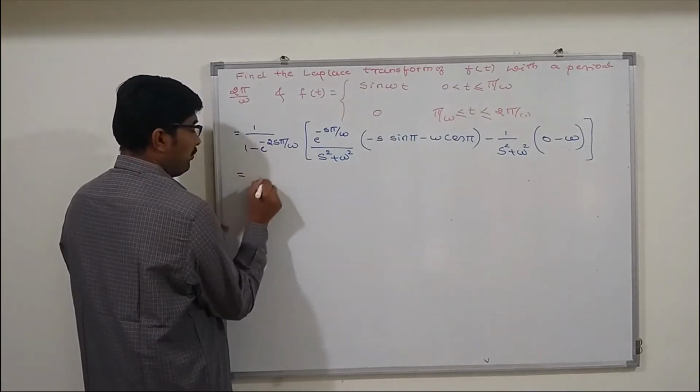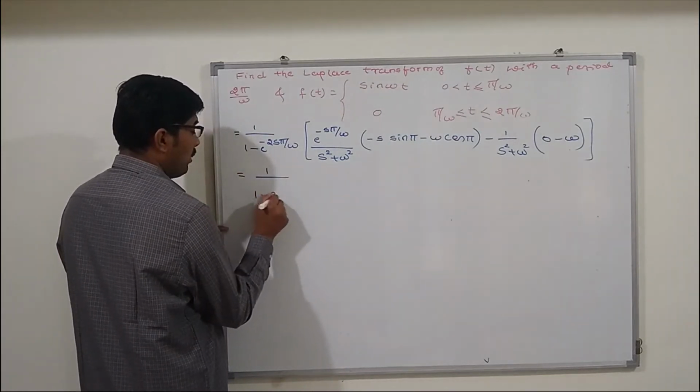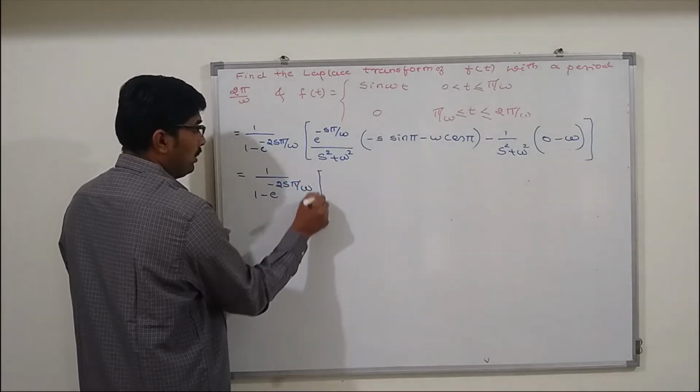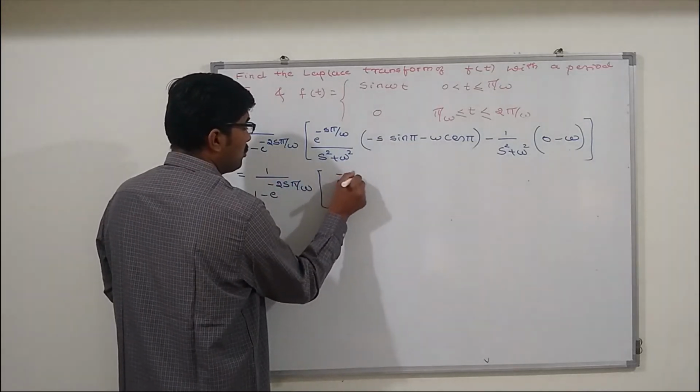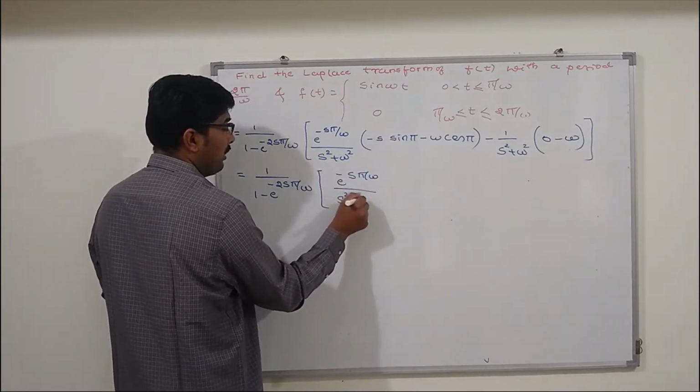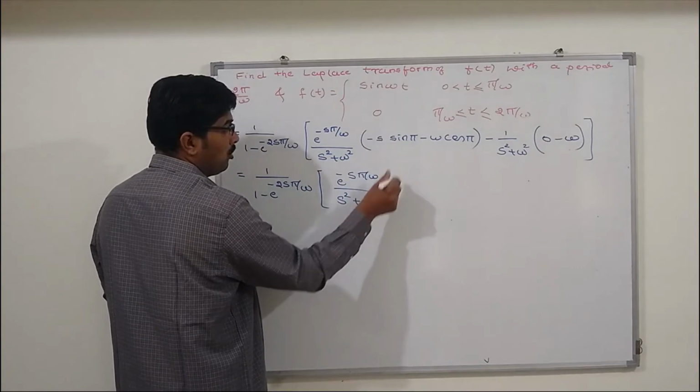This is equal to 1 divided by 1 minus e raised to minus 2s pi by omega into bracket e raised to minus s pi by omega divided by s square plus omega square into bracket.